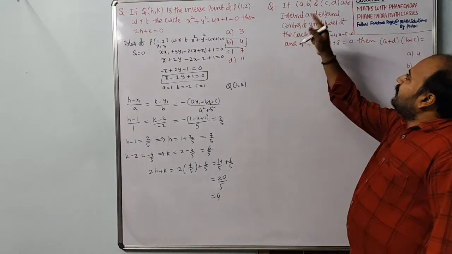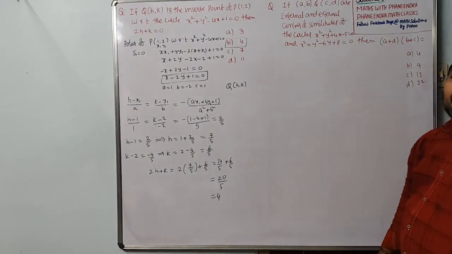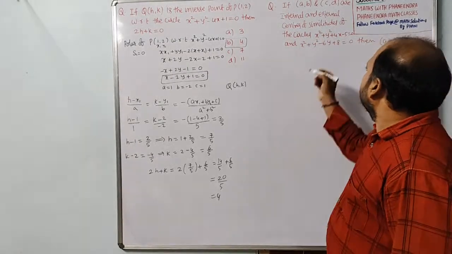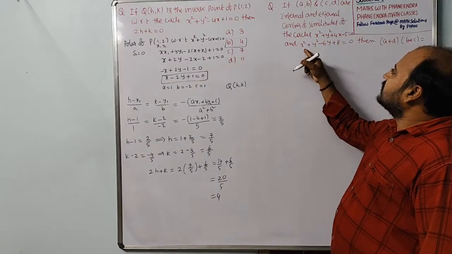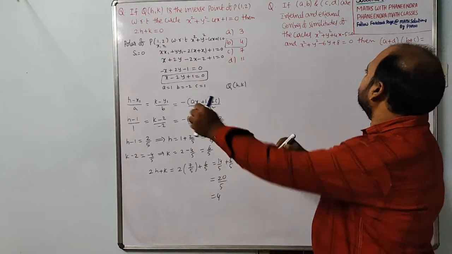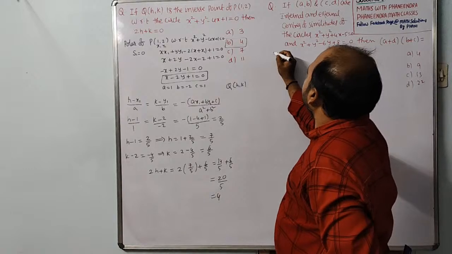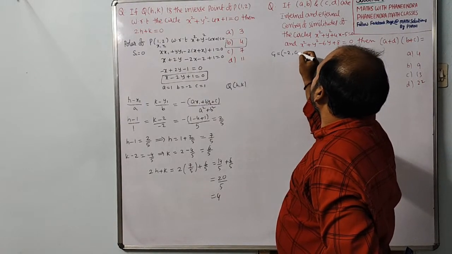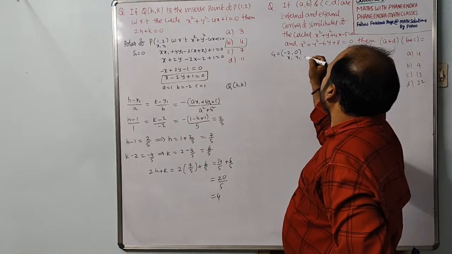If (A, B) and (C, D) are internal and external centers of similitude of the circles, so first circle is given here, second circle is given here. So for the two circles, we can take centers C1 equal to minus 2 comma 0, you can treat as x1 y1.